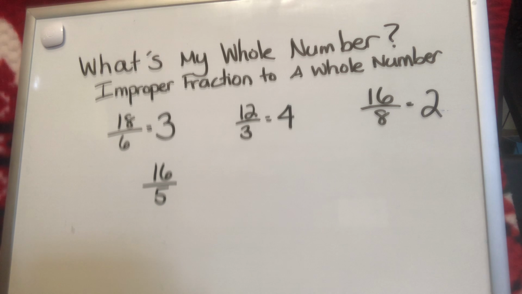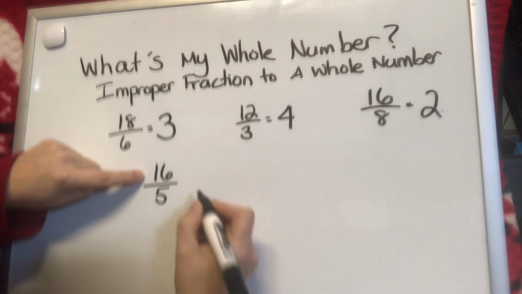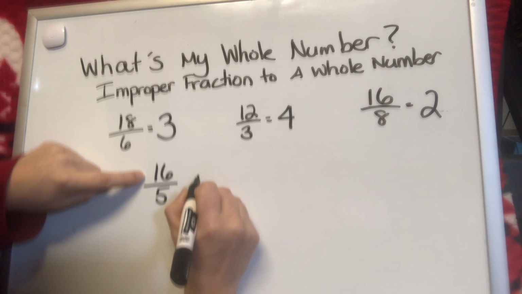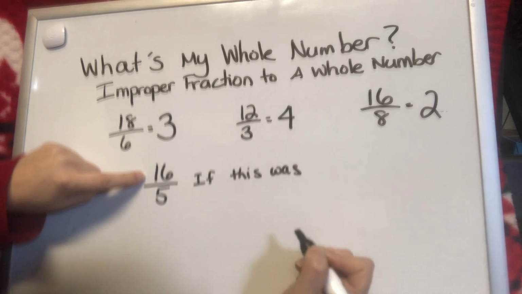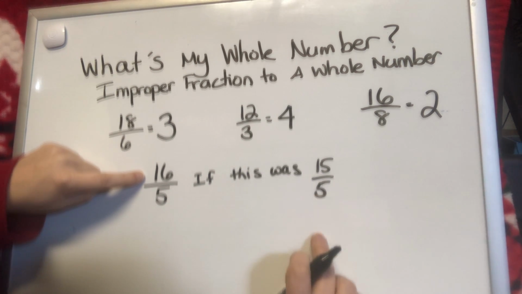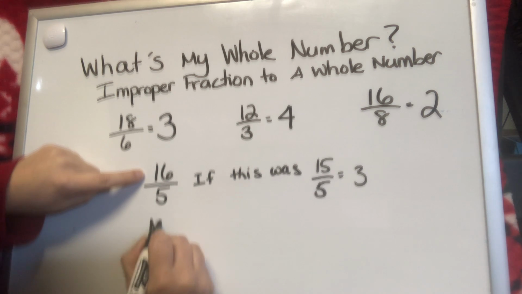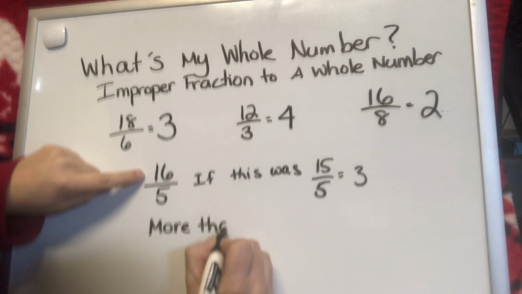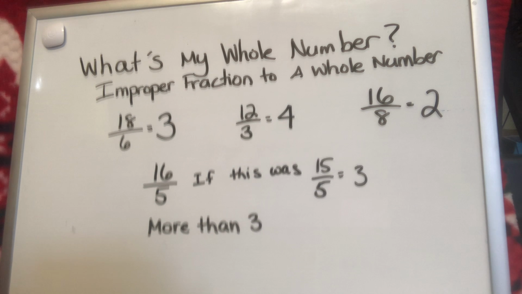But if I can think of a couple numbers down or a couple numbers up, I can say to myself, if this was 15 fifths, my whole number would be 3. So this would have to be more than 3, right? Do you see what I'm doing there? I'm getting kind of an estimation of where it would go on the number line.